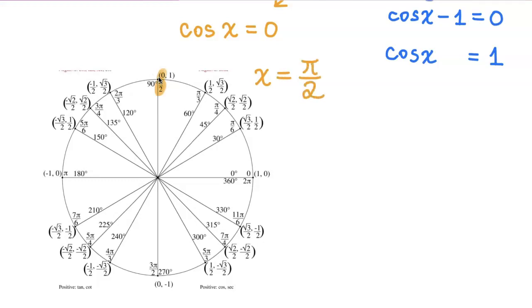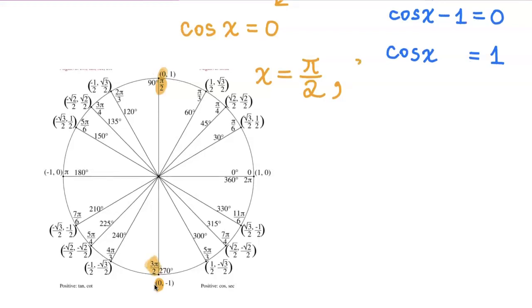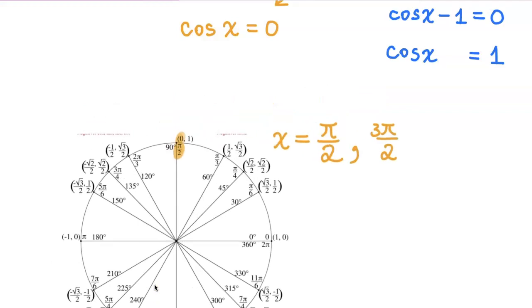Is there any other angle that has x-coordinate of 0 on this unit circle? Yes, down here, look. There is x-coordinate of 0 right there. Therefore, the second answer is 3 pi over 2. So look, we found 2 answers already from the orange branch.